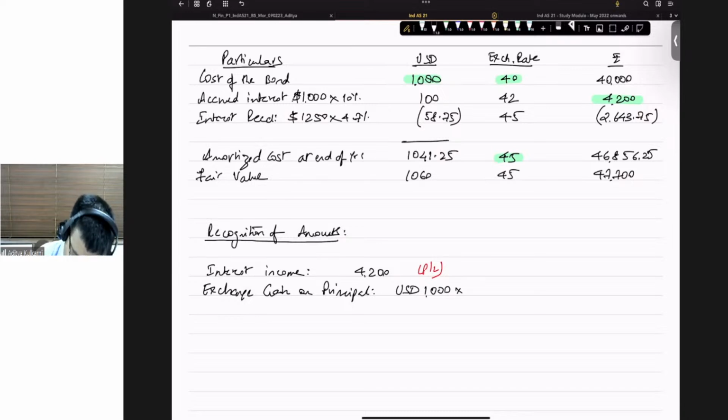USD 1,000 into 45 minus 40. So that is how much? 5,000. Yes. Next.